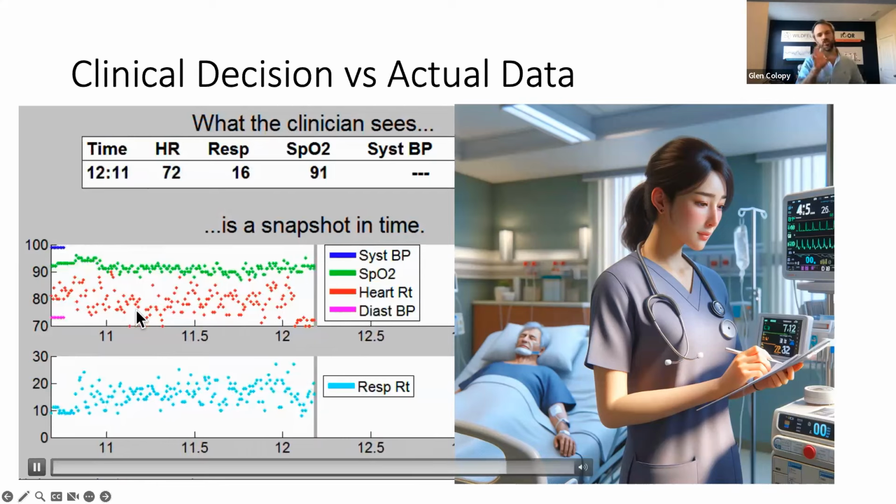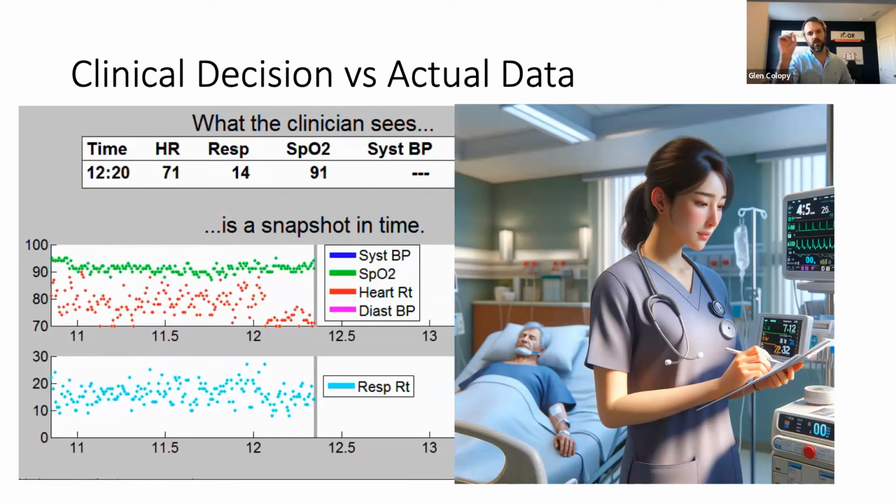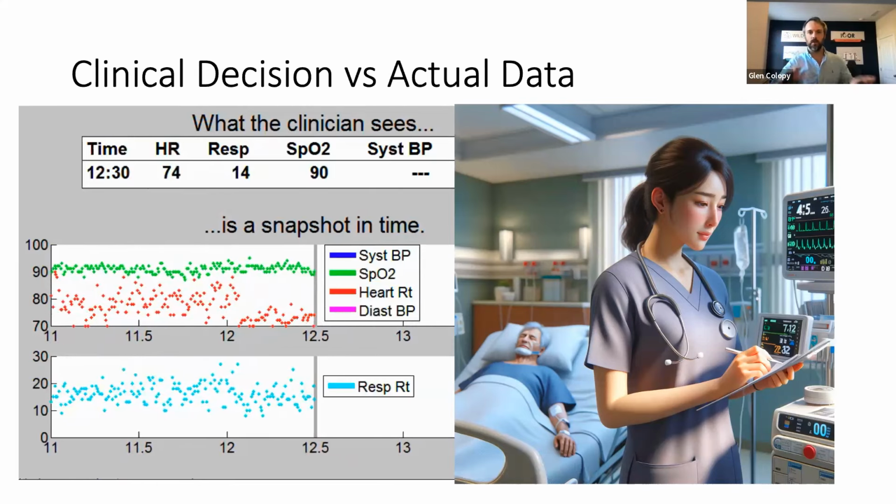So the clinician sees a snapshot of time on which they make their decision. But in reality, there's this huge time series that's being thrown out and not included as part of clinical inference. In part because humans aren't very good at dividing or inverting matrices in their heads and things like that. So there are computational problems, and also inferential and contextual challenges.